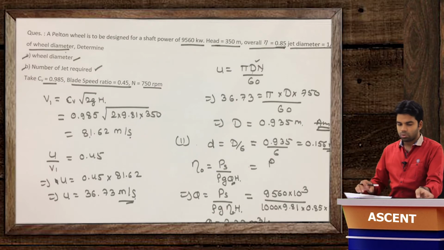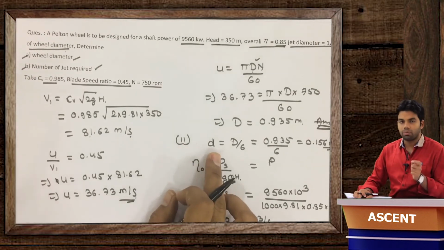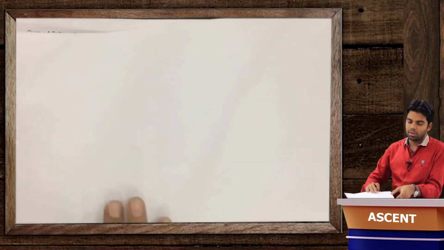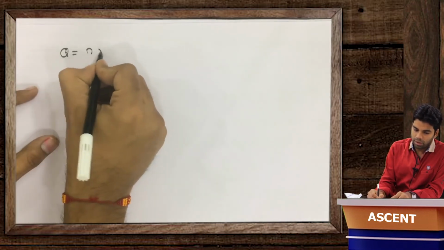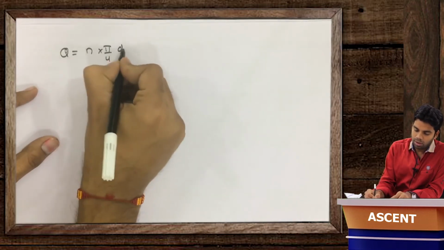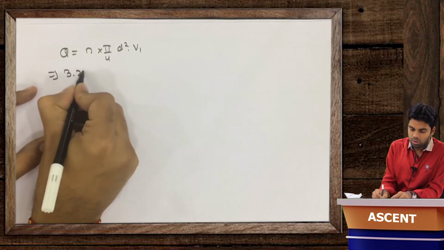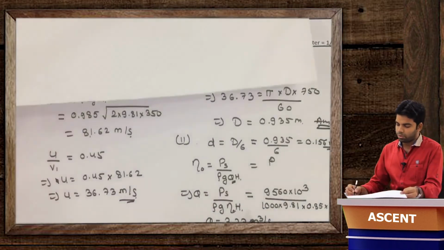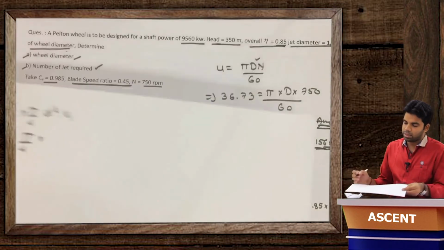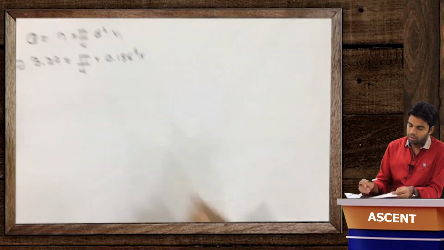Getting this or not? So now we have the value of total discharge and we have the value of the diameter of a single jet. So total discharge, as I told you, if there are suppose n number of jets, then total discharge Q is equal to n into pi by 4 d square into V1. I have already told you. So this is nothing but 3.27 is equal to pi by 4 into diameter of one jet, 0.156 square, into V1.